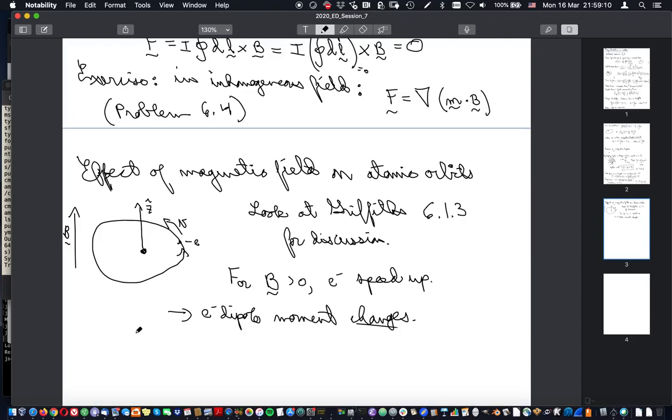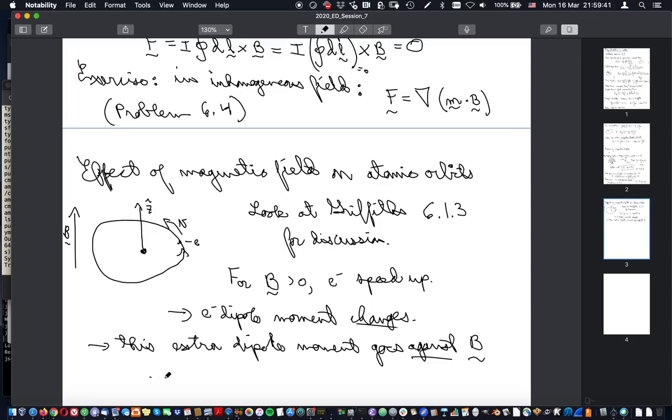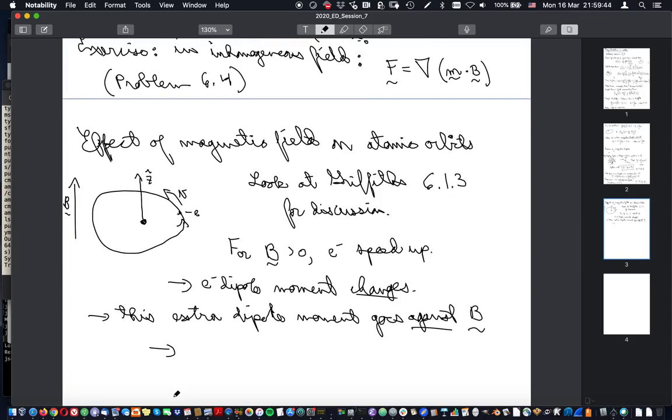And this extra dipole moment goes against B. Okay, and the fact that you react by trying to compensate the external field, thereby reducing it a little bit, this is called diamagnetism.